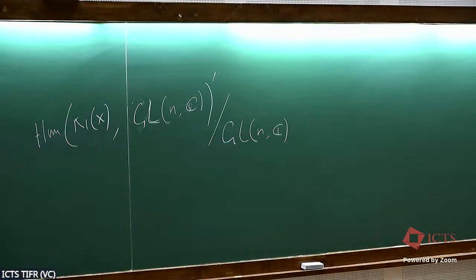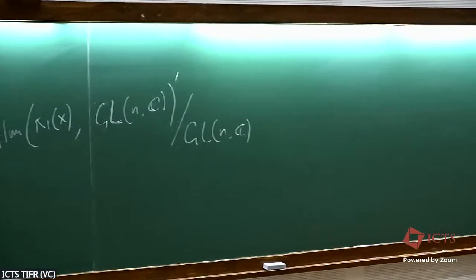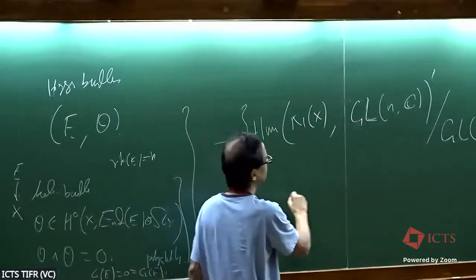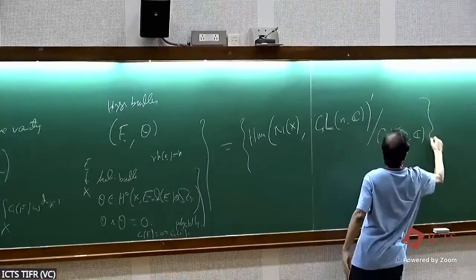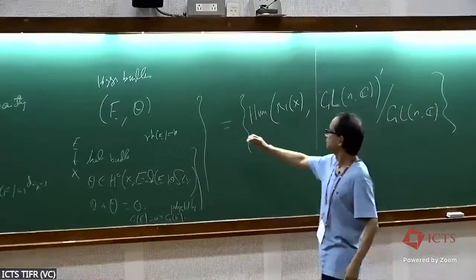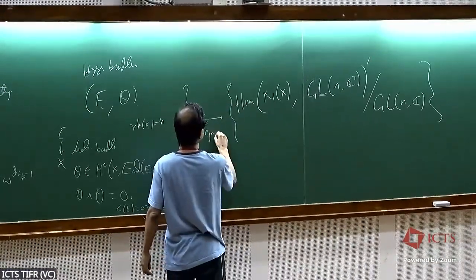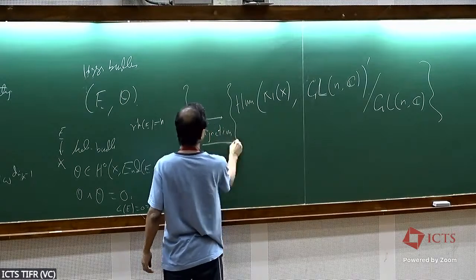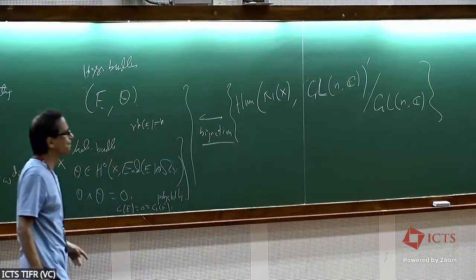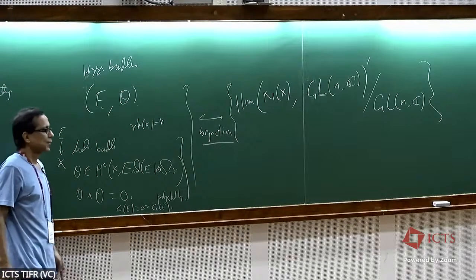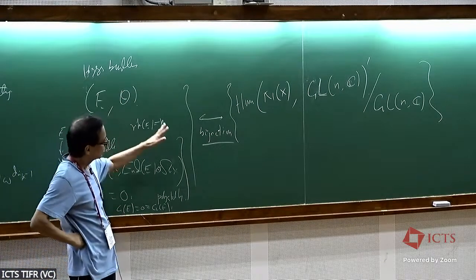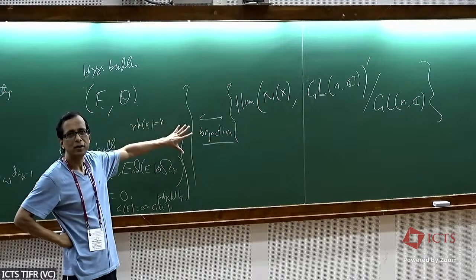Now the non-abelian correspondence says that if the rank of E is N, then these two are naturally in bijection. This is the non-abelian correspondence.